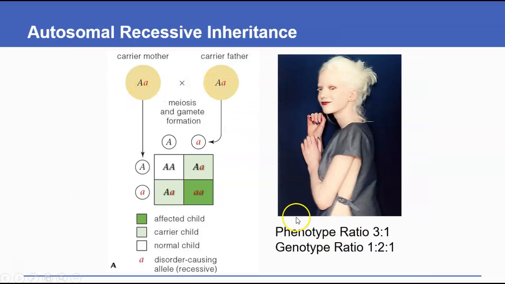So albinism, again, is one of those cases where you need to have 2 copies of that mutant allele in order not to have that protein that is going to be able to deposit the color. So you can see that example from this individual, where you have, again, a phenotype ratio of 3 to 1 and that genotype ratio of 1 homozygous dominant, 2 heterozygotes, to 1 homozygous recessive.